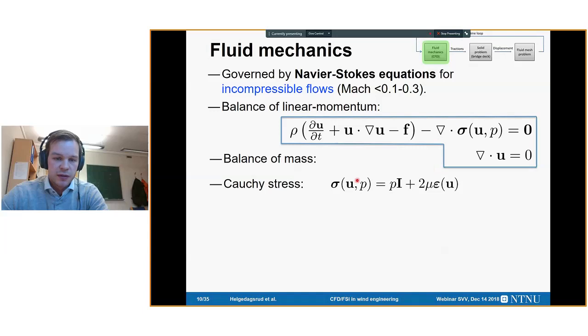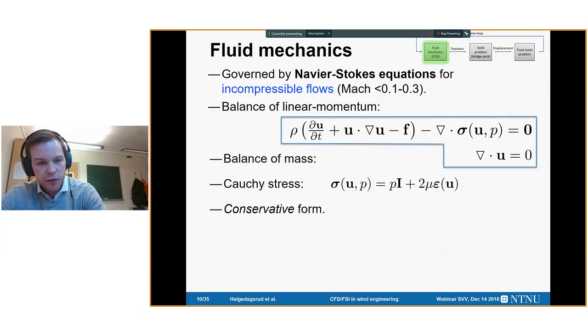Stresses is given by some isotropic pressure and the viscous stresses, which is driven by the strain rate of the fluid velocity, or the shear in the fluid. So this is the conservative form, which means that we have separation of the derivatives, which is very useful for numerical implementation. It's kind of a different story for compressible flows, but let's stick to the incompressible ones.